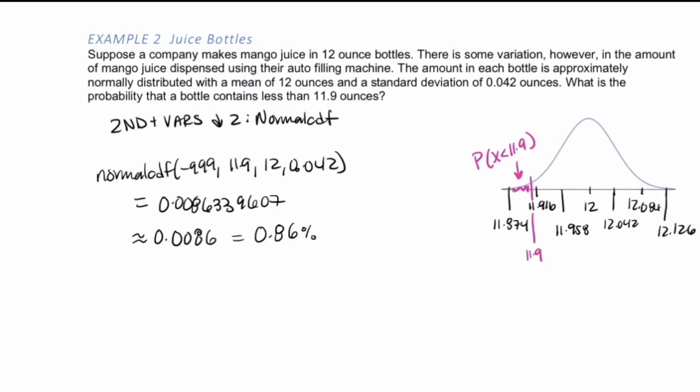The probability that a bottle contains less than 11.9 ounces is 0.86%.